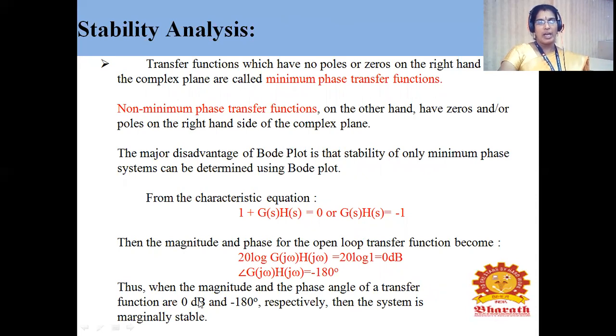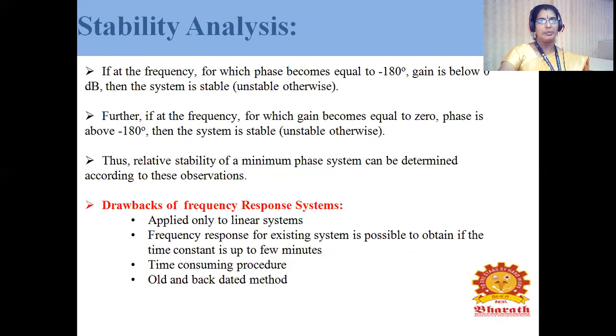Why? Because we are obtaining gain margin and phase margin based on this 0 decibel value and minus 180 degree only. So minus 180 degree angle where it cuts the phase curve, the corresponding frequency is nothing but gain crossover frequency, and the value is nothing but the gain margin. Similarly, from 0 decibels, we are obtaining the phase margin and phase crossover frequency. So this is why we are taking 0 decibel and the minus 180 degree for obtaining the specifications which is needed in Bode plot.